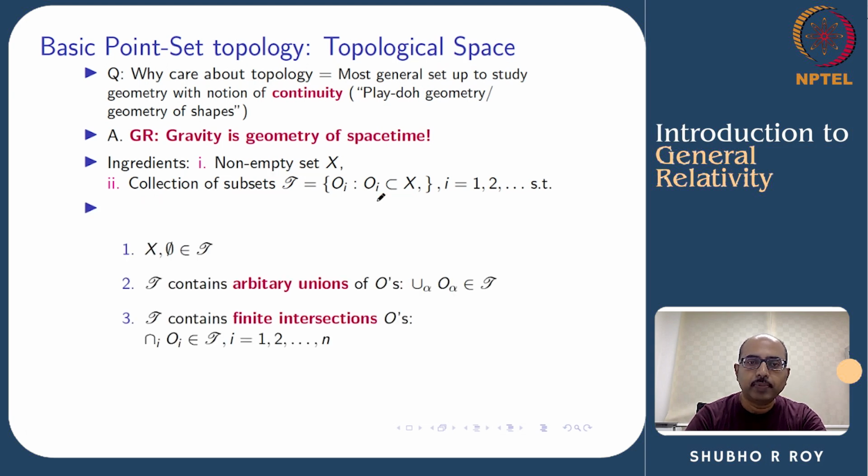What are these criteria? Well, the script T, this collection of subsets, must contain the full set and the null set, the empty set.